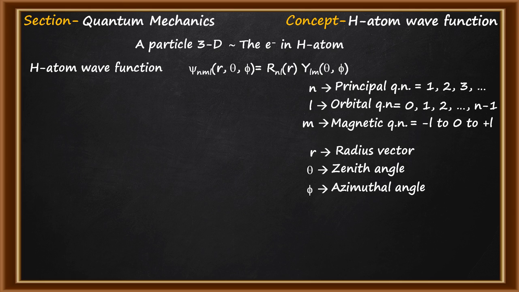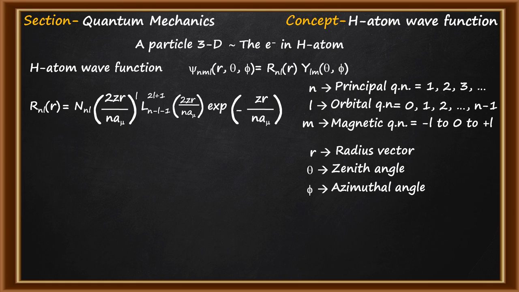Now the expressions for R_nl and Y_lm: R_nl(r) is equal to N_nl times (2Zr/na0) to the power l, times L_{n-l-1}^{2l+1}(2Zr/na0), times exponential of minus Zr/na0. Here N_nl is a constant, and this term is the Laguerre polynomial, which you must have read in mathematical physics.